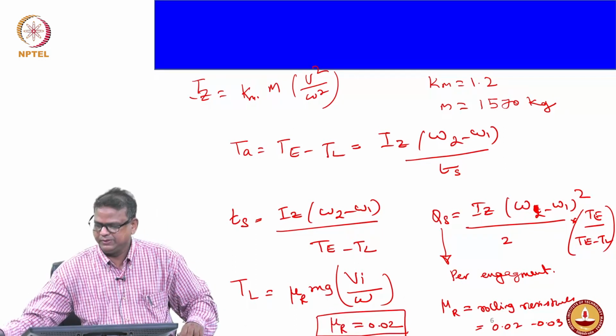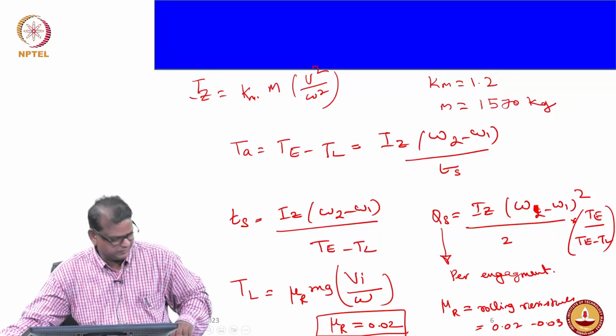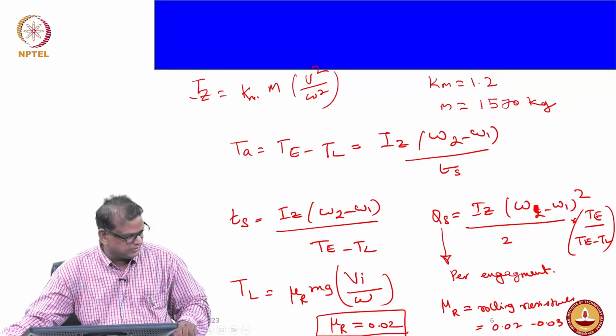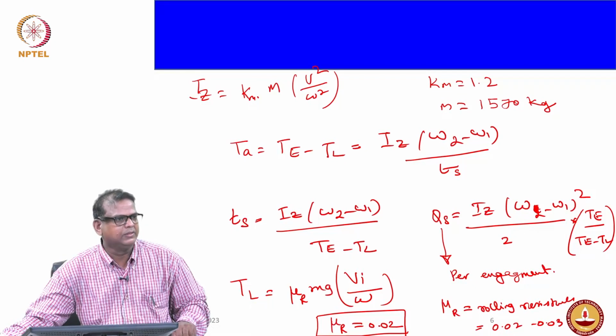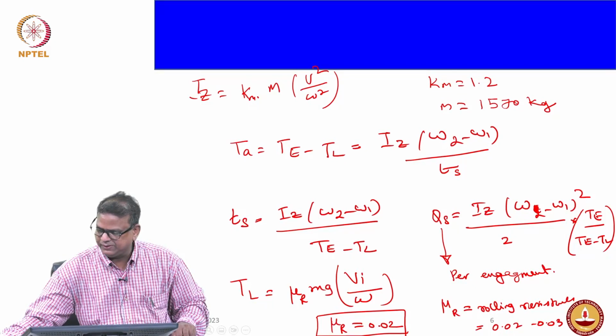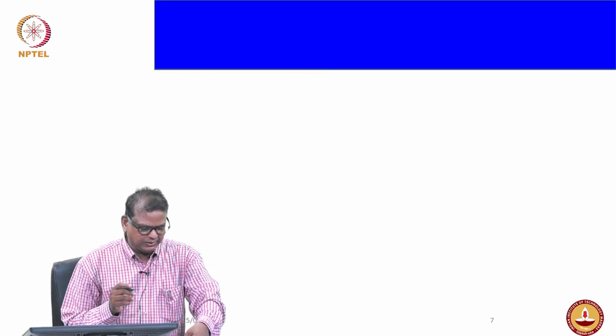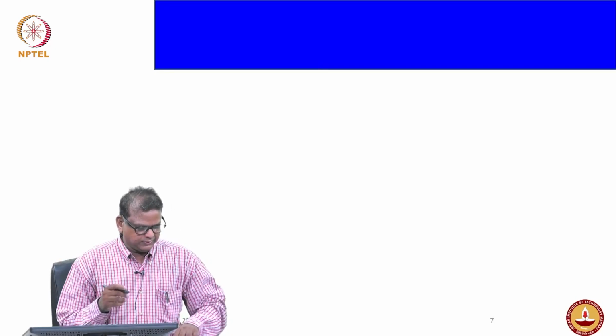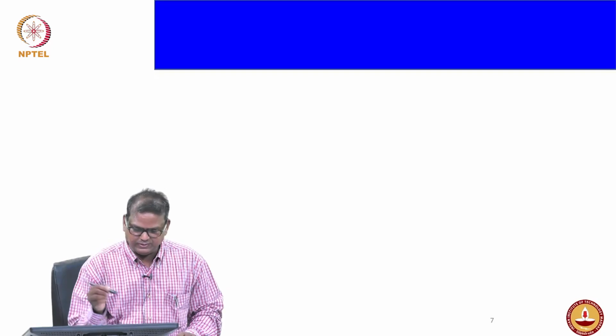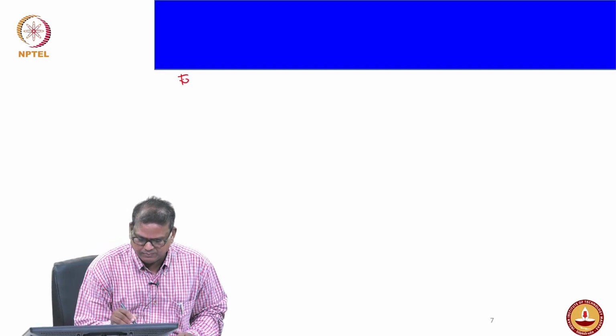Okay. So, now first I will explain how to find the moment of inertia. I am going to give you only one step, then we will go for a table. I am going to do it with respect to the first gear.